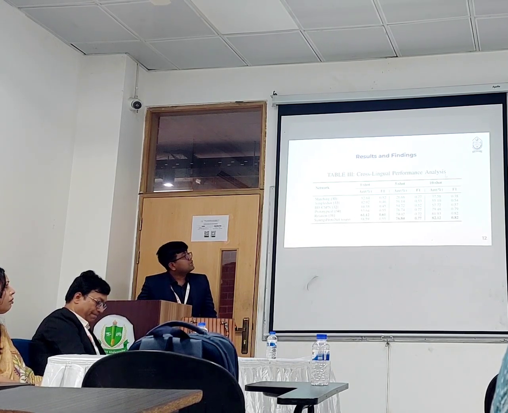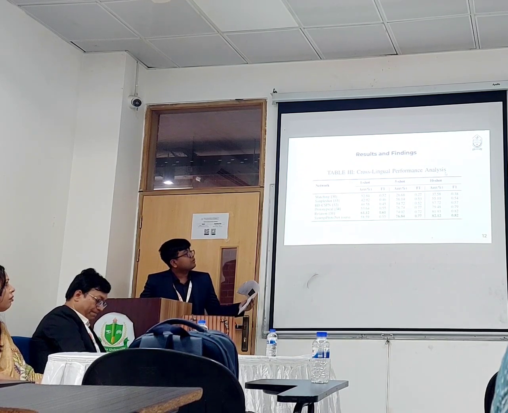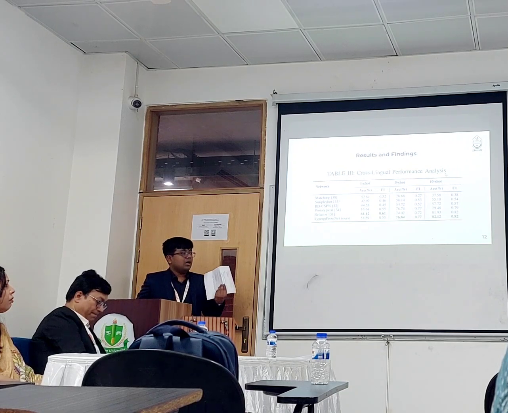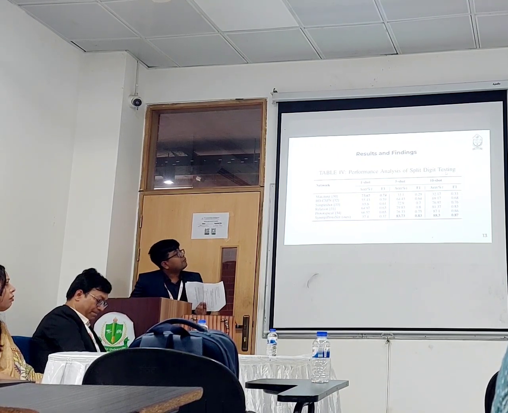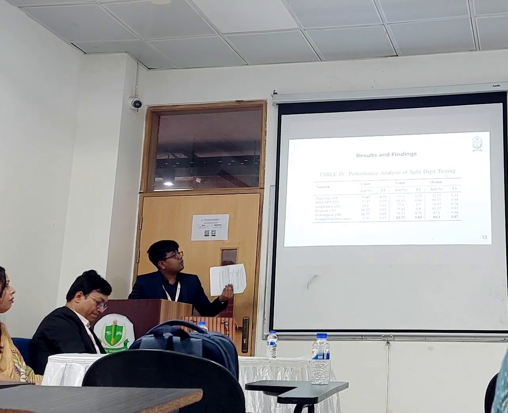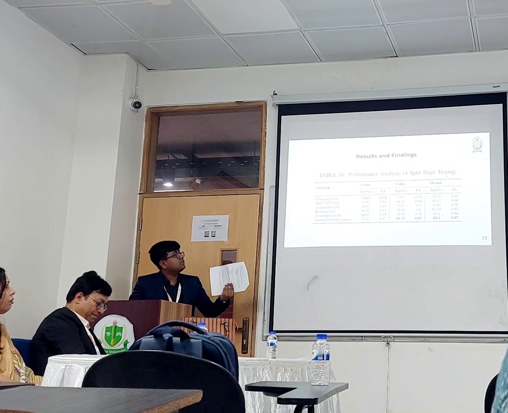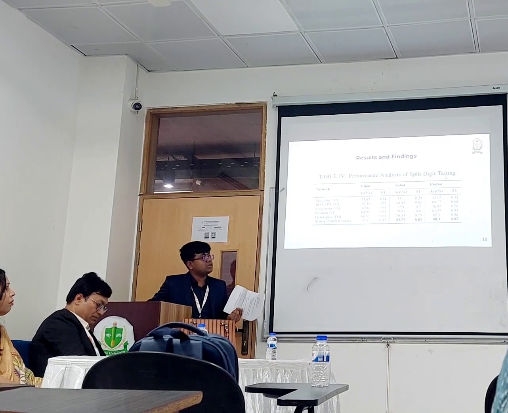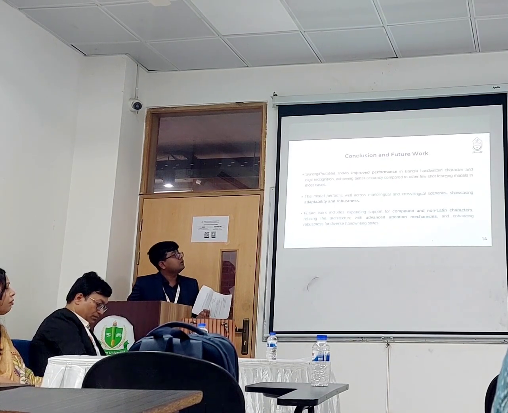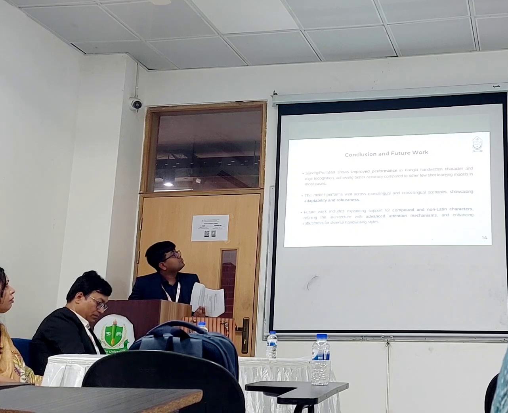In the cross-lingual setting, where we train our model with a different language dataset, our model did well with 5-shot and 10-shot, where all the other models couldn't generalize with more shots. In the performance analysis of split digit testing, you can see the same result. The matching network did better with 1-shot, but didn't generalize with 5-shot and 10-shot, but our model generalized well with 5-shot and 10-shot.